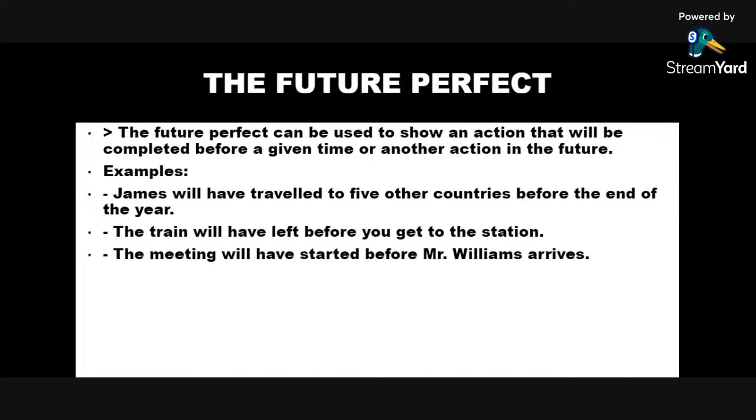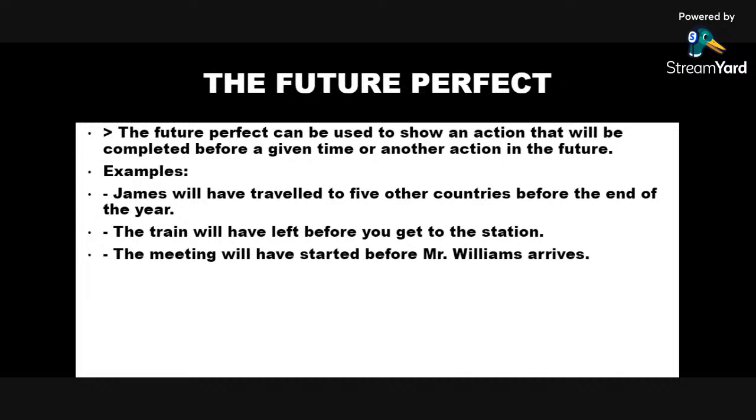So the meeting will likely have started before Mr. Williams arrives. So you can see that with this method of expressing future actions, you can really explore and express a lot of ideas. And then you can communicate very complex ideas with clarity using this method.